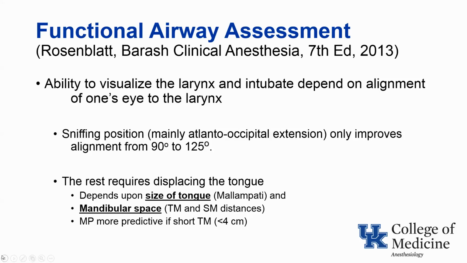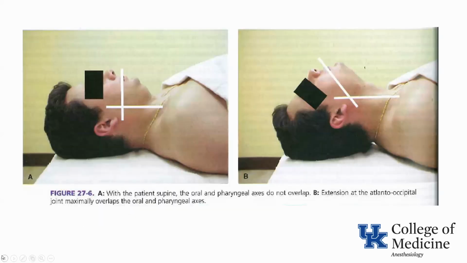The Mallampati classification basically evaluates the size of the tongue, while the thyromental or sternomental distances are more predictive of the mandibular space. Thus, the Mallampati score is more predictive if you have a short thyromental distance.